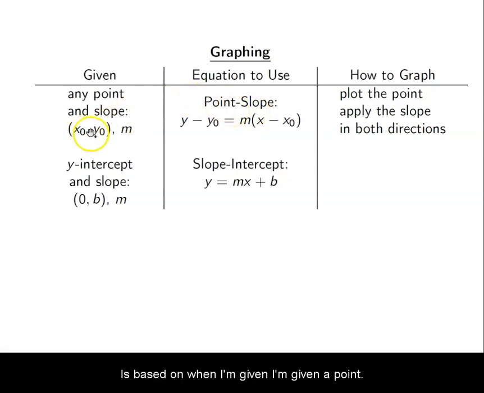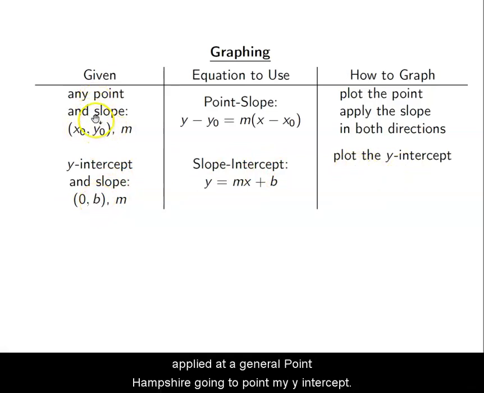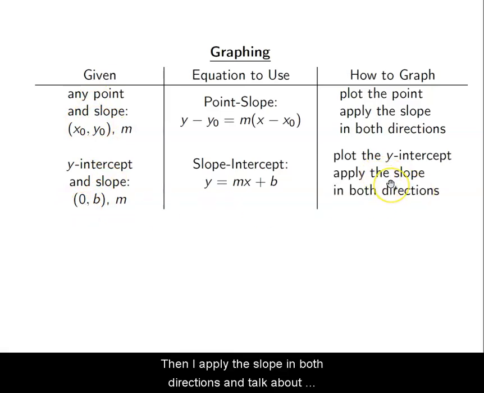I'm given a point and I'm given the slope. The slope-intercept is when I'm given the slope and I'm given my y-intercept, right? So I'm going to plot my y-intercept, just like here I plotted a general point. Here I'm just going to plot my y-intercept, and then I apply the slope in both directions.